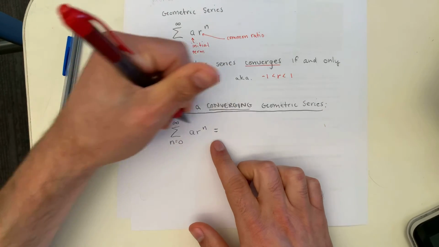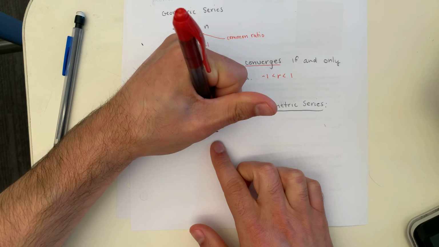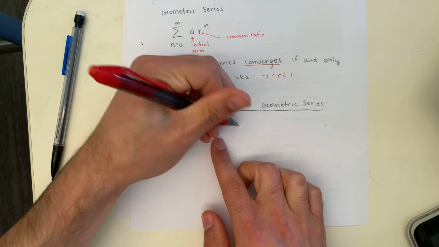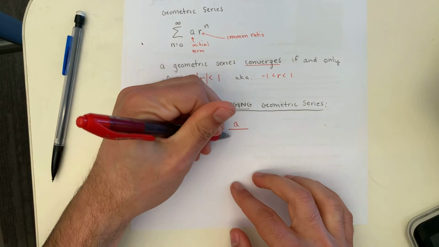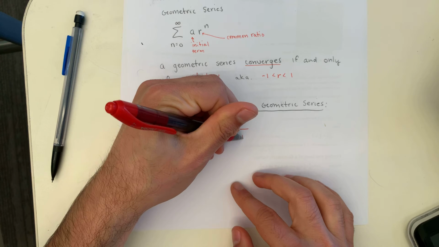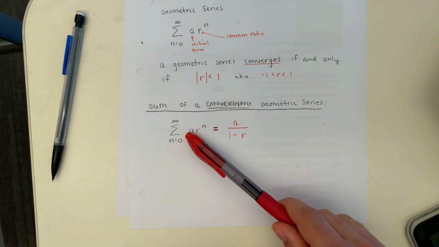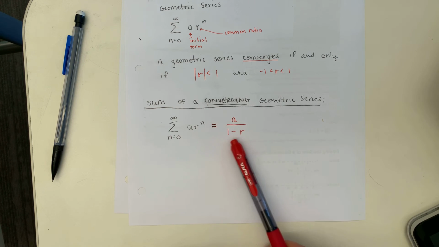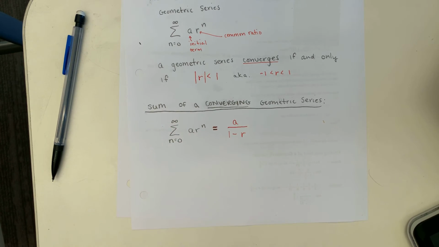To calculate what this sum would actually equal is by doing this formula: A, which is our initial term, over 1 minus r. Very simple to plug into this formula. A is just your initial term, and r is your common ratio. And this will truly equal all infinite terms added together.